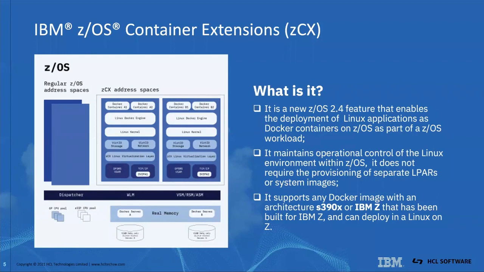It maintains operational control of the Linux environment within a z/OS installation. You don't need to have a separate LPAR with the zLinux system. It does support any container that has been built for zLinux. So if you have a containerized application that is supported on zLinux, it will also run on a zCX instance.